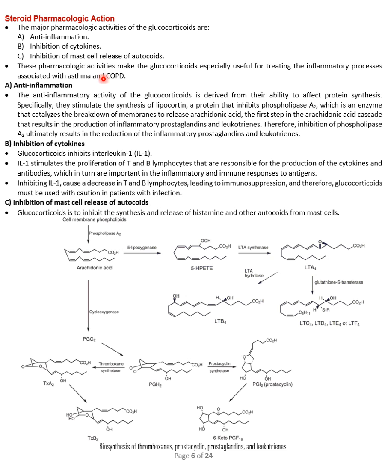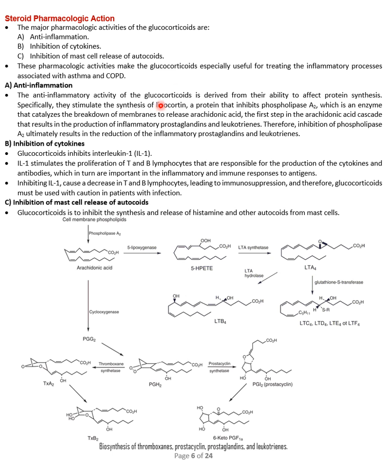Let's now talk about the mechanism of action of glucocorticoids and how they exert their anti-inflammatory effects. They actually have three major ways of reducing inflammation, and that's why they are useful in asthma and COPD.